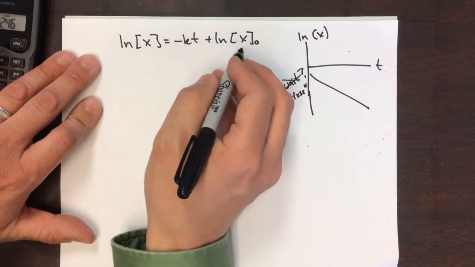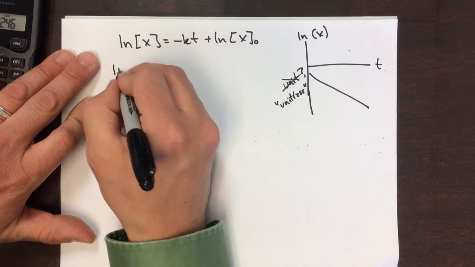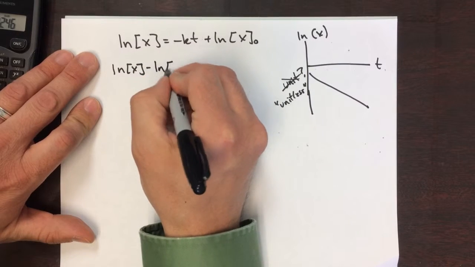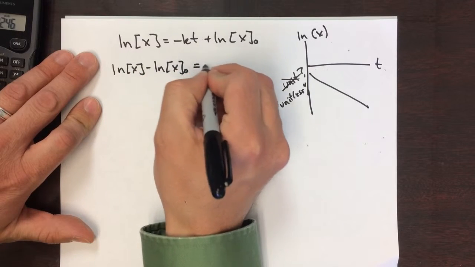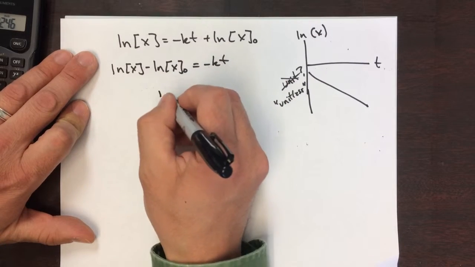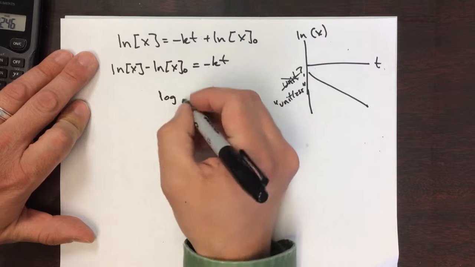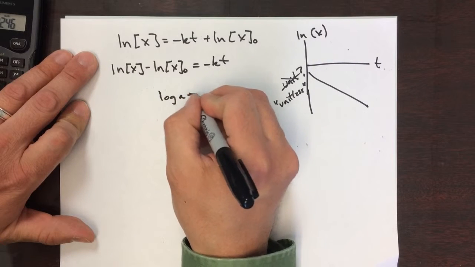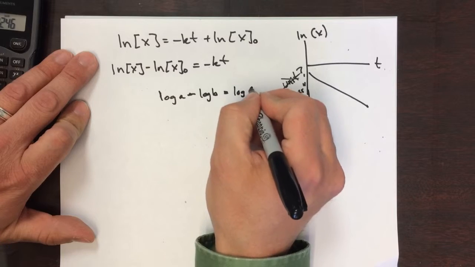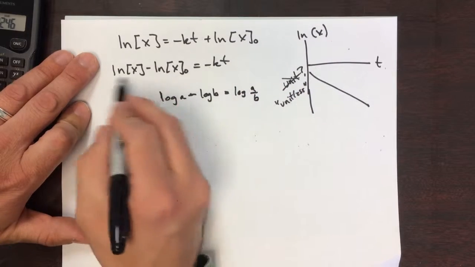So if we move ln of x naught over to the other side, we have ln of x minus ln of x naught equal to negative kt. Now, we said earlier that any log, and it doesn't matter if it's log or natural log, log of a minus log of b, that's the same as log of a over b. So we're going to do the same thing here.